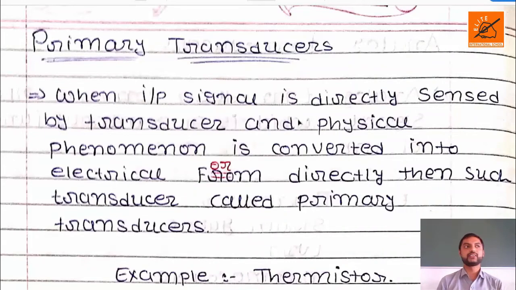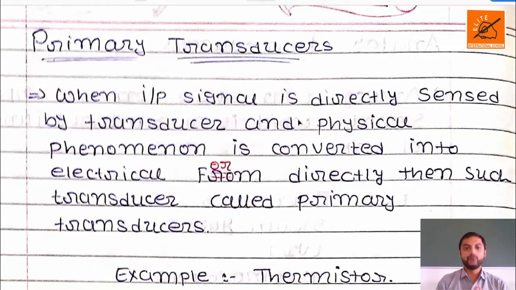These transducers have no external circuitry to convert sensed unit to another unit or sensed quantity to another quantity. It will directly convert input signal to output signal. There is no external or extra circuitry to convert input to output. That transducer only does that.